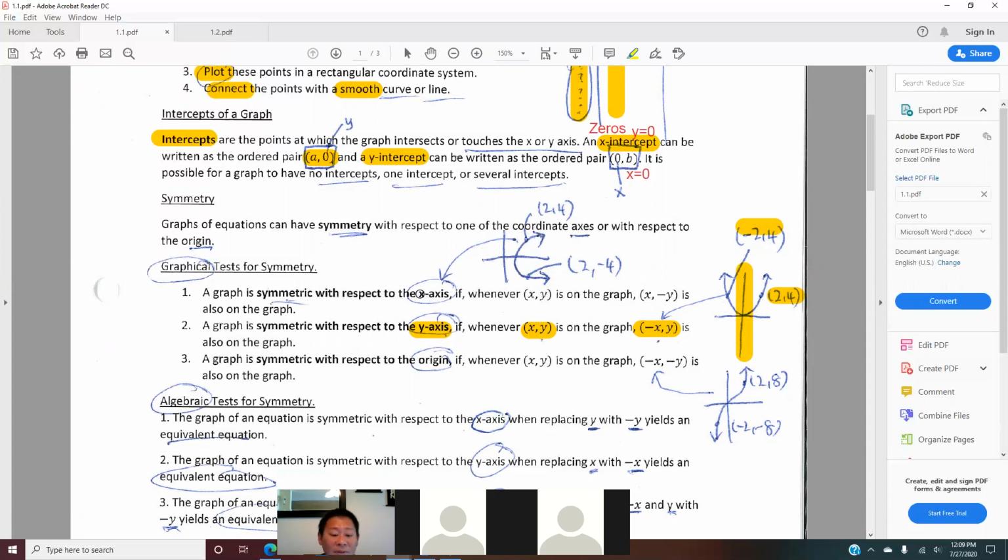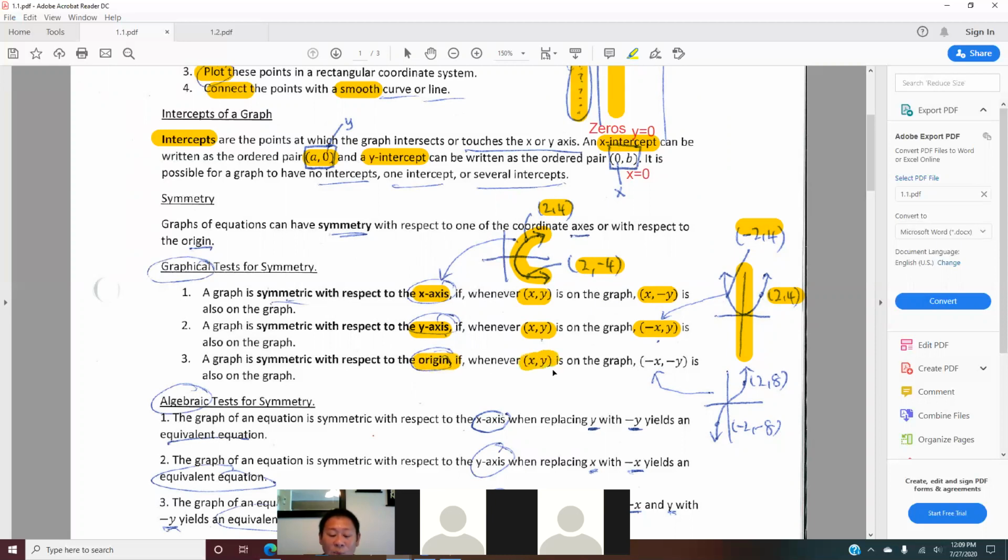In order to have a symmetry with respect to the x-axis, it will be like your square root, plus and minus, where you have (x, y) and then (x, negative y) is on the graph. So you find that (2, 4) is on the graph and also (2, negative 4) is on the graph. This is what we call symmetry with the x-axis. And finally, we have symmetry with the origin.